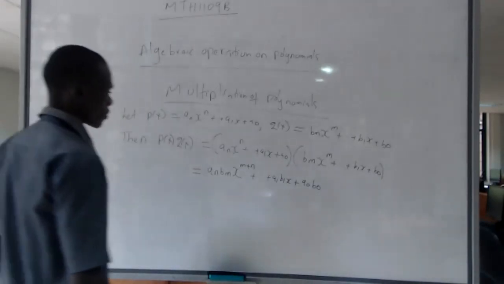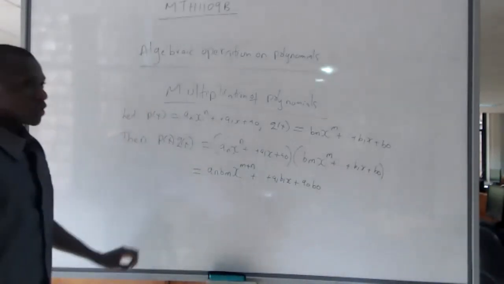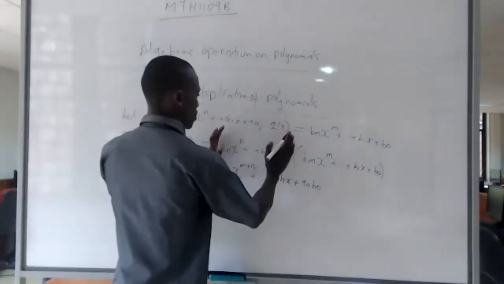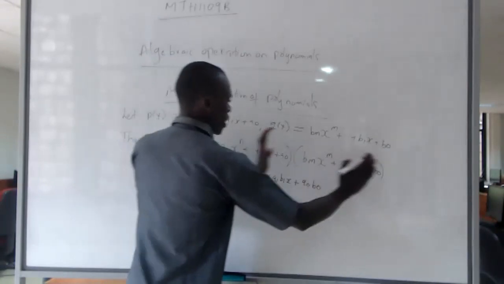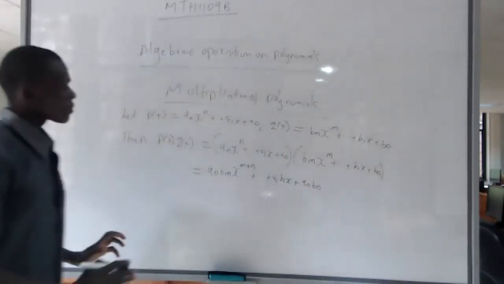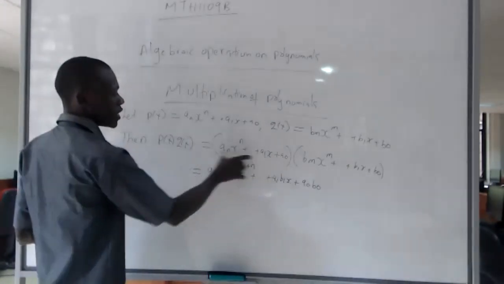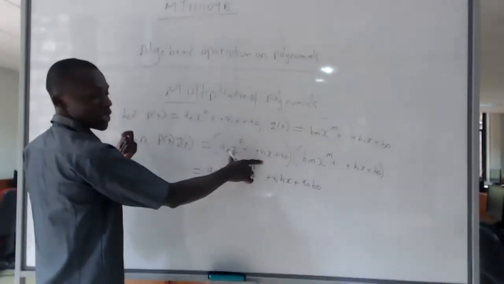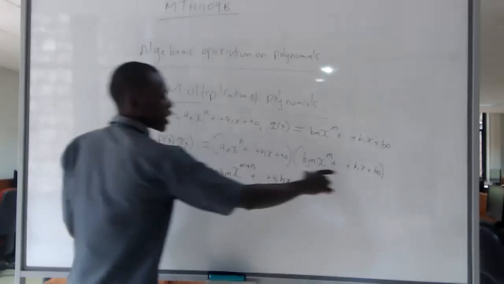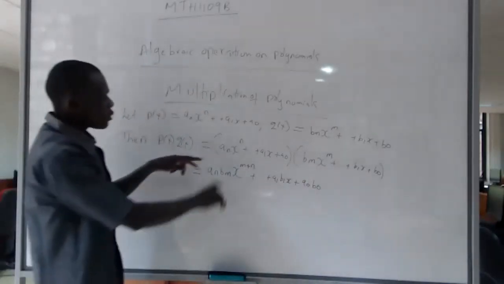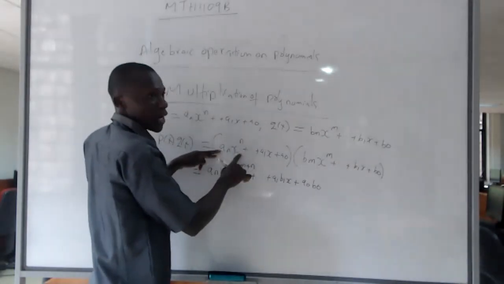Sir, can you please repeat this? Yes, I will repeat this and even give an example. So you take all the terms on the left-hand side and you multiply by the terms on the right-hand side. The simplest way to do this, treat each of these terms as a scalar, as we did in scalar multiplication, and use it to scale the coefficients of the terms on the right-hand side. So I will start with first the term a_n x to the n.